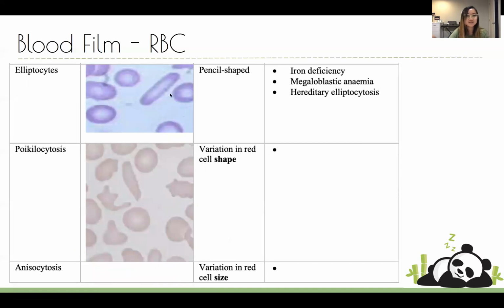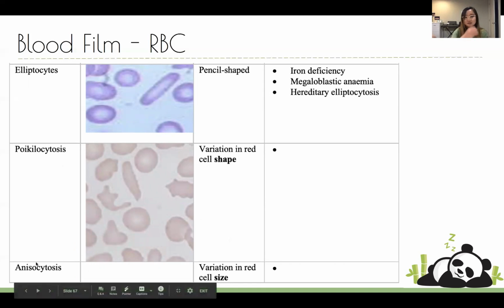Elliptocytes are ovals, also called pencil cells, classically seen in iron deficiency, but you can also see them in other things. It can be hereditary. Poikilocytosis is variation in shape, and anisocytosis is variation in size.